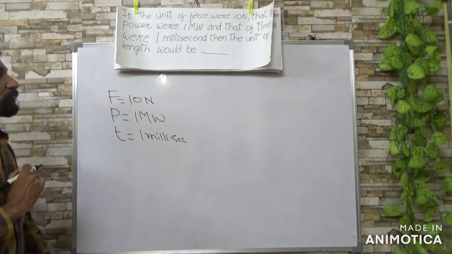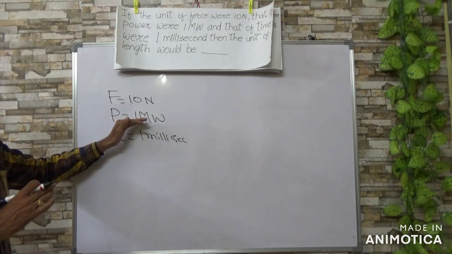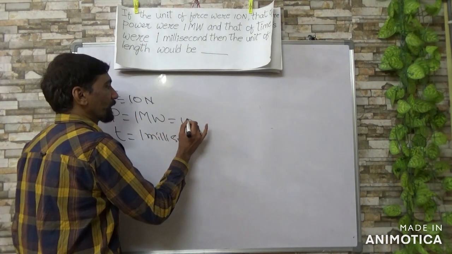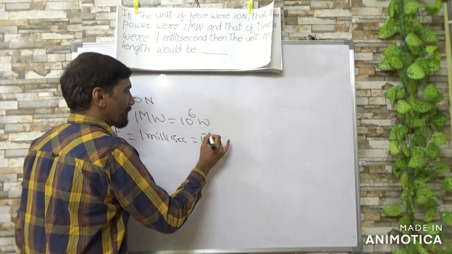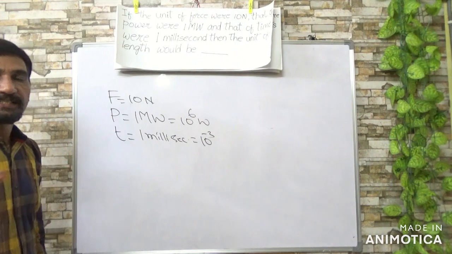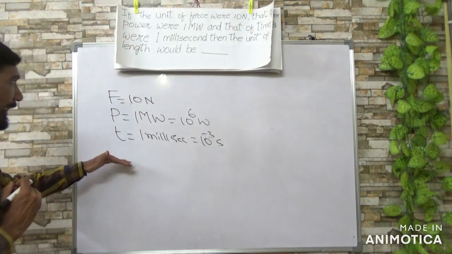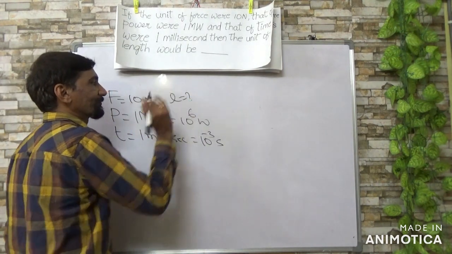You want to find the unit of length. Here some multiples are given: mega is 10 power 6, milli is 10 power minus 3. Time, power and force are known, and you want to find length.